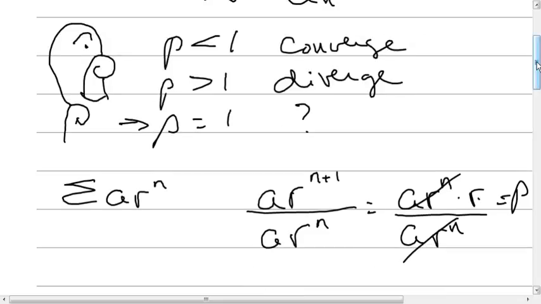Okay, let's try an example to give you a feeling for how this is going to work. I'm going to just do part A of example 1. That gives us the series, n equals 0 to infinity, of (2^n + 5)/3^n.